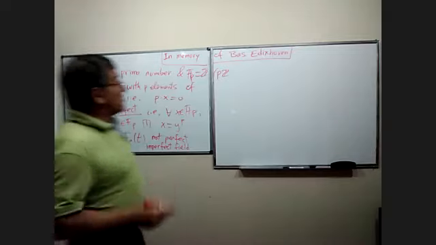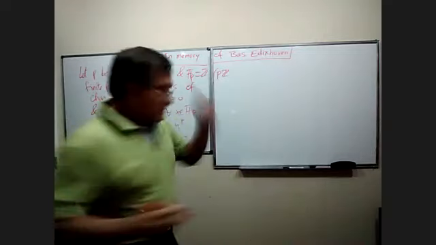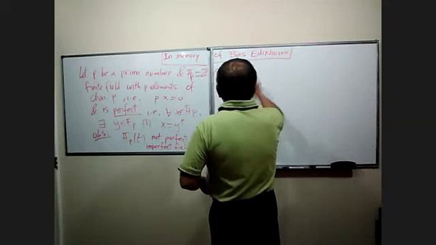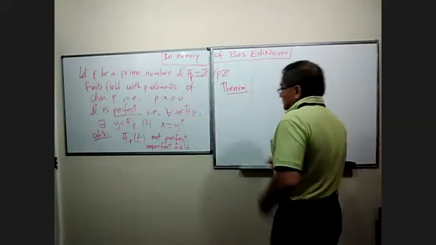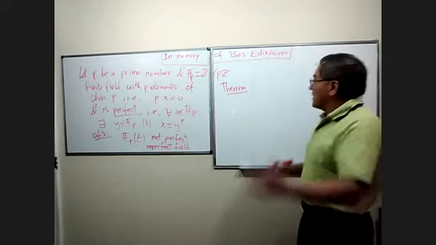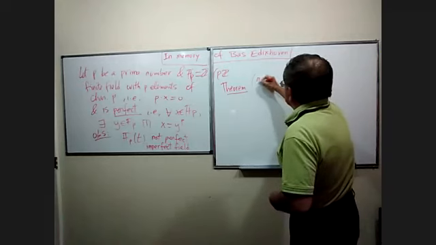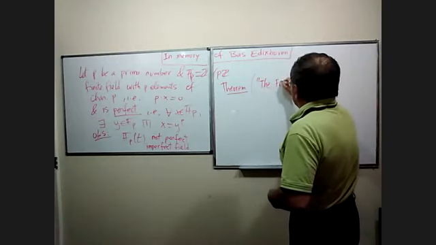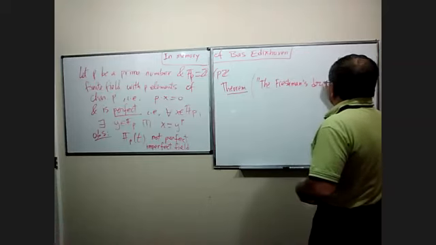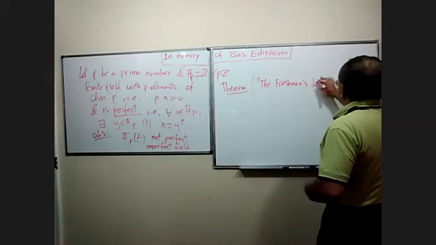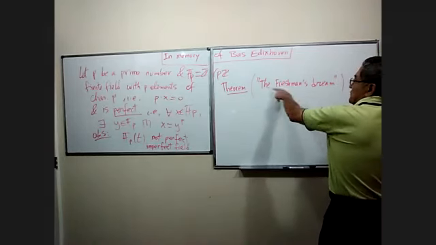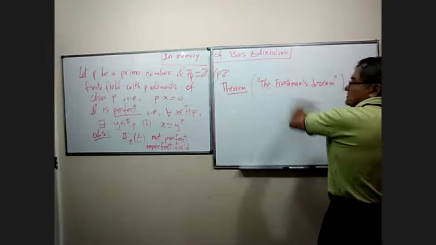Okay, so I have now a theorem which some people know, and some people call it in a jocular, funny way the freshman's dream. Freshman means a first year student at the university, like a rookie, a beginner.